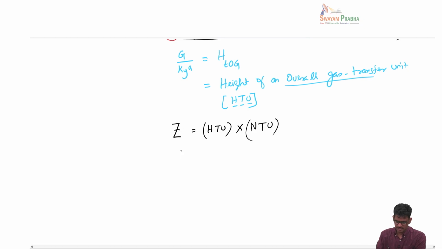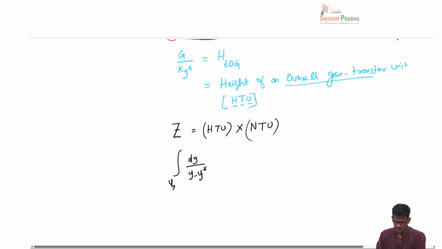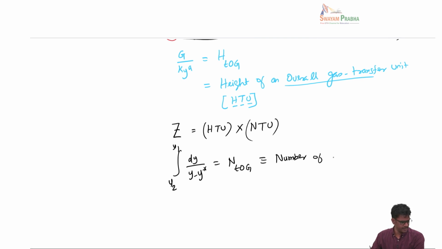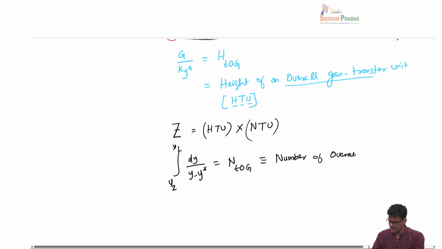This integral dy by y minus y star going from y2 to y1, we will call NTOG. I am taking this minus sign inside and changing the limits. So it is the number of overall gas transfer units, in short NTU.